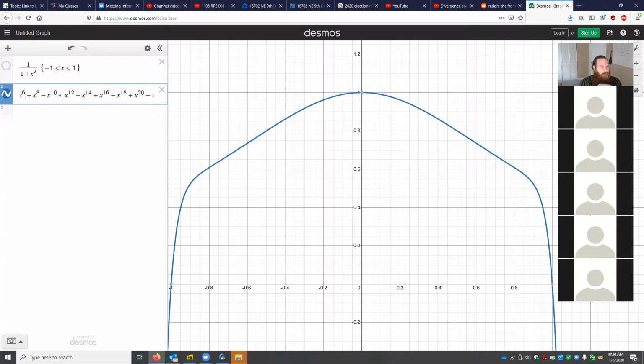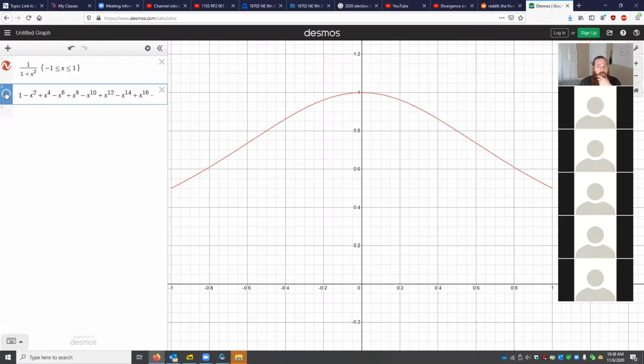So this even function has a power series, and the terms of that power series are all even. Have you ever wondered why we call even functions even? This is precisely why. Because the power series expansion for an even function contains only even powers of x.